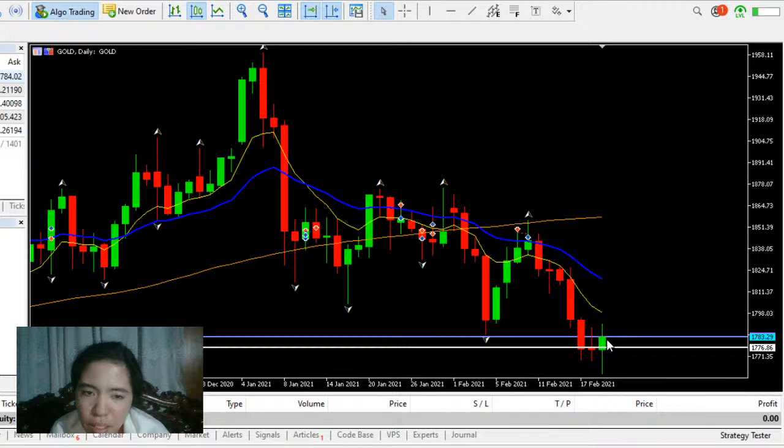So probably I will wait for that retracement, like this part here. It bounced here and then retraced here, and it went down. So that's what I'm looking for. Bounce, retrace somewhere here, and then go further down.